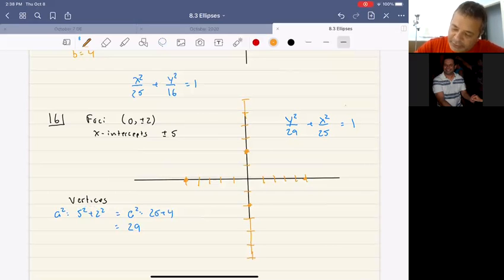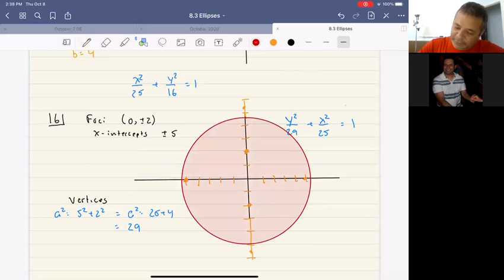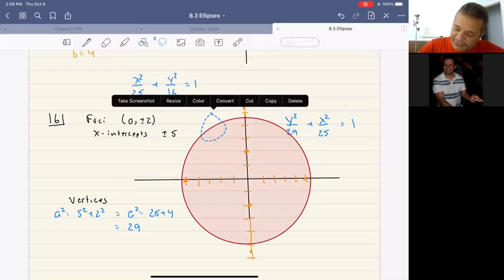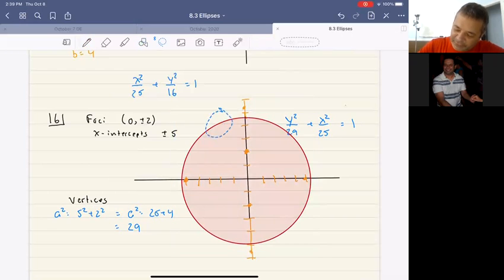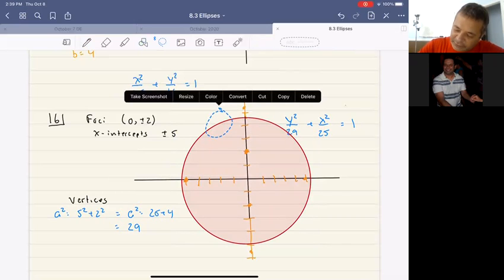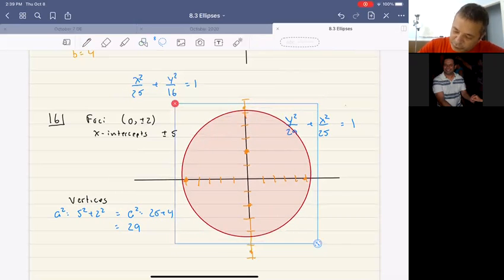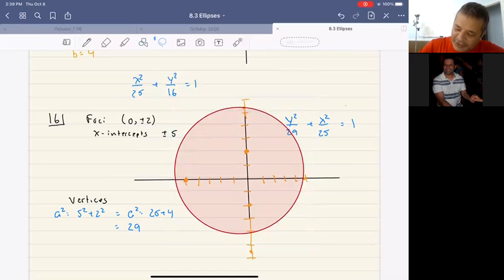So I'm going to draw my other points here and here, about. I'm going to draw my ellipse through those 4 points. Bad ellipse. Let me try that again.